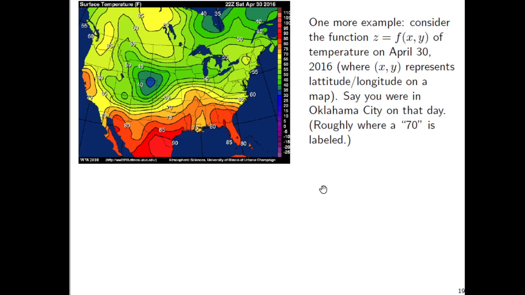And let's say you were in Oklahoma City, which I think is roughly where the line for 70 is labeled, right? So this black line separating the yellow and the orange is a level curve, right? All the places there have not a height, but have a temperature of 70.